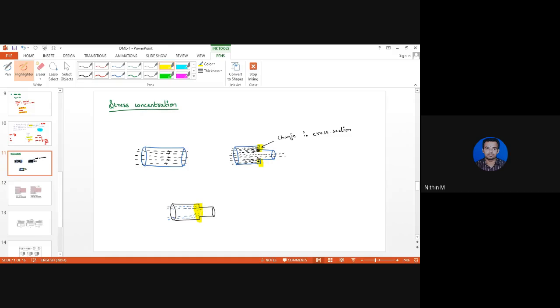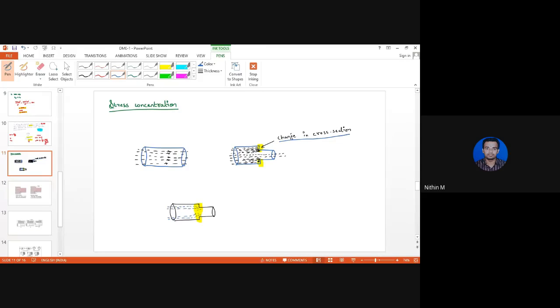Now imagine the same thing happening in the case of stress. Consider this to be a solid body, and consider the blue colored lines to be the lines representing the flow of stress, right? Since there is an abrupt change in the cross-sectional area, what will happen?